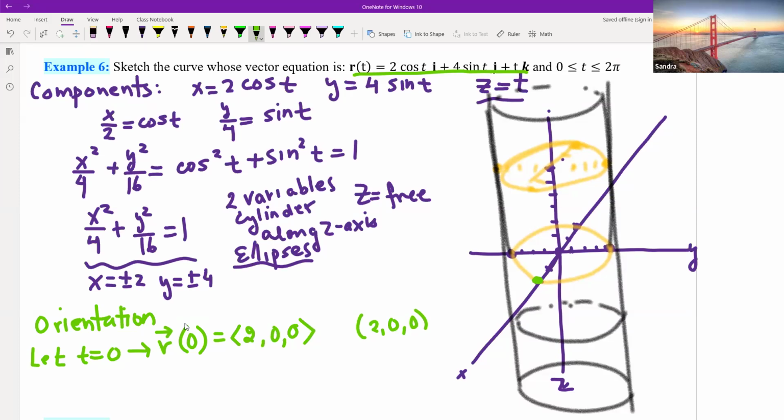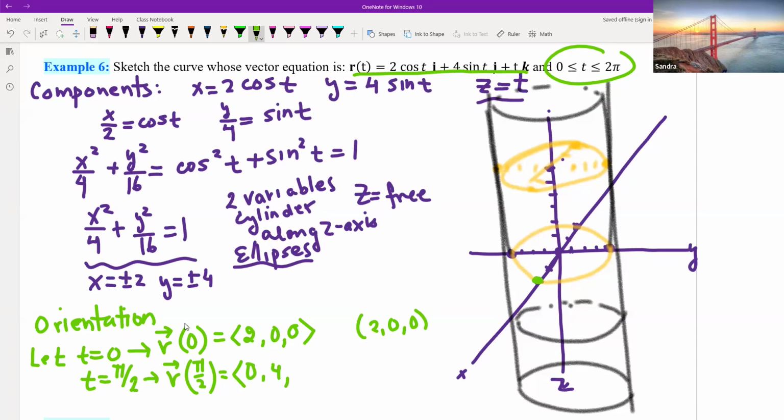Then let's go ahead and move on. It says that t is from 0 to 2 pi. So let's go ahead and do pi over 2. Put it inside. So that will be cosine of pi over 2, which gives me 0, times 2 is 0. And then sine of pi over 2 is 1, so that will give me a 4.